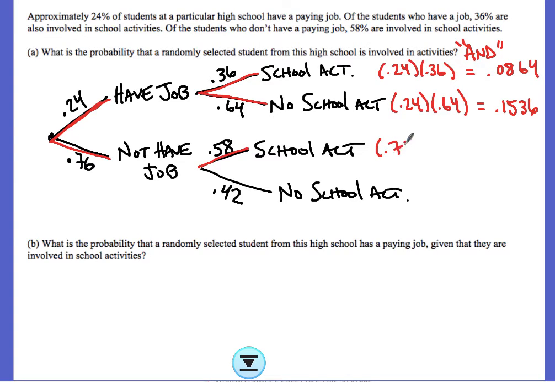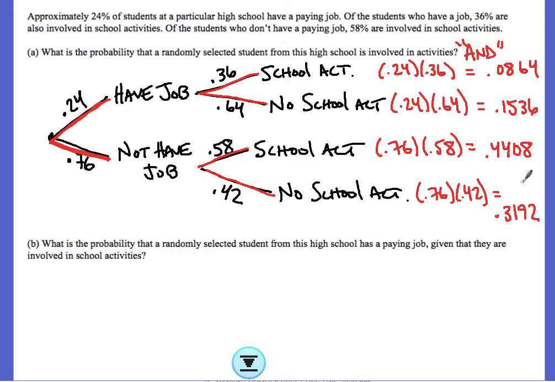That would be 0.76 times 0.58, and that will give me 0.4408. And then the last one is not having a job and not being in school activities. That would be 0.76 times 0.42, and we will get 0.3192. I always find those just in case. I'm going to need them because I probably will.